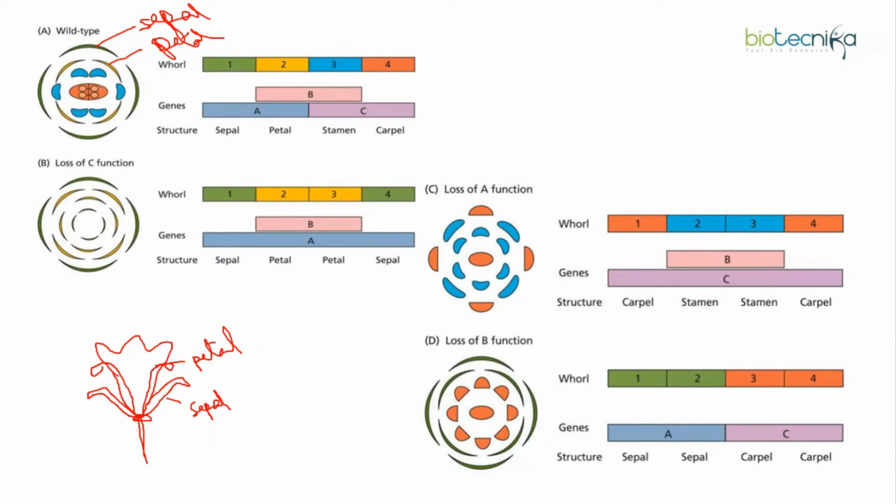Now, if I draw the stamen separately, this is your stamen, this is your male part. So you have a filament and you have the anther.